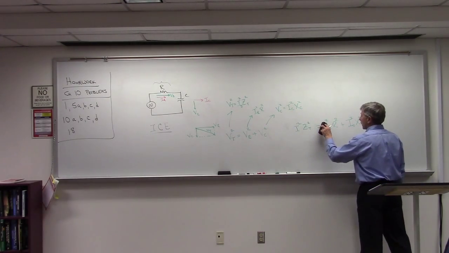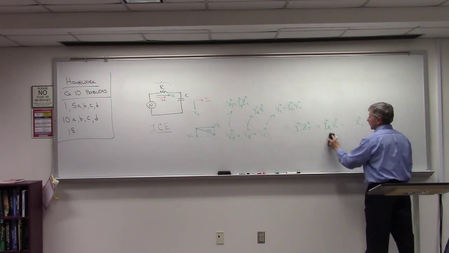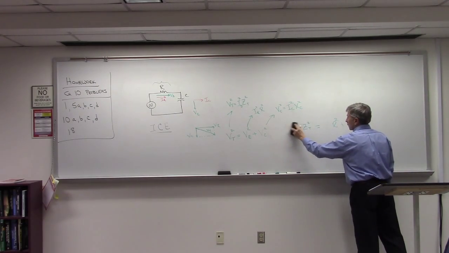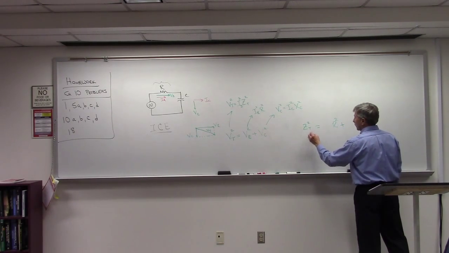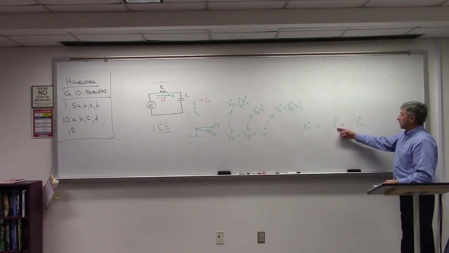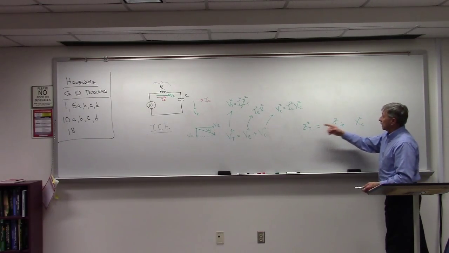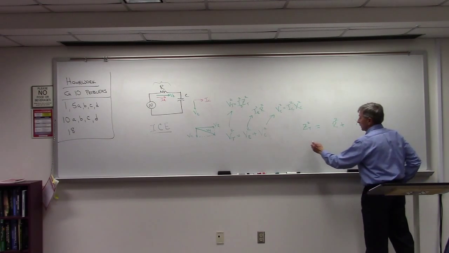I squared is equal to IR squared is equal to IC squared. It's the same current. And the equation that I end up with is that the total impedance squared is equal to R squared plus XC squared.